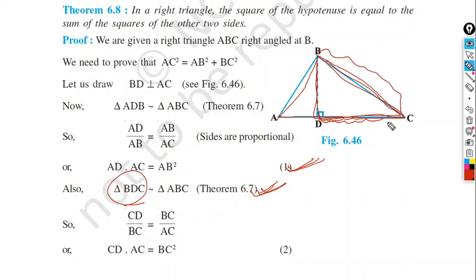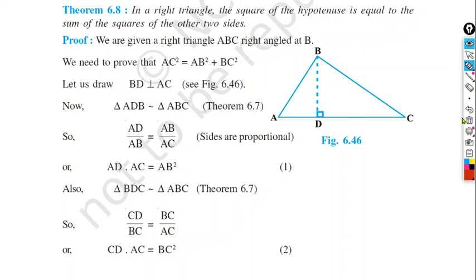BC, isn't it? So CD by BC will be equal to, again, side BC of triangle BDC. You can see that is the hypotenuse. For triangle ABC, the hypotenuse is AC. So BC corresponds to AC. Therefore BC divided by AC. Now similarly we will cross multiply them. CD into AC equals BC into BC. That means BC square.